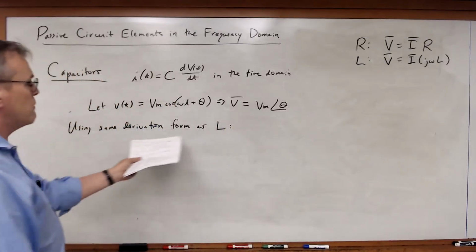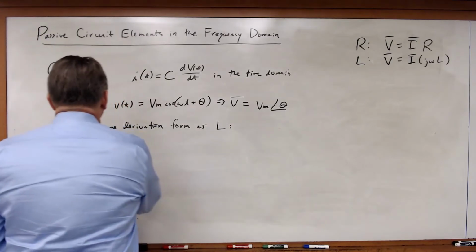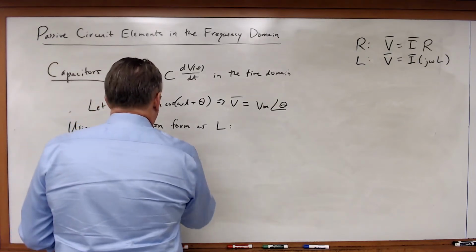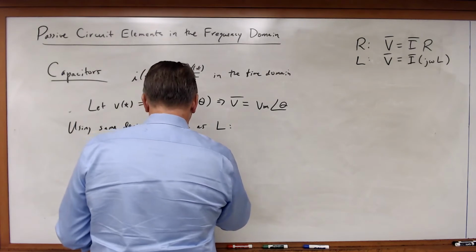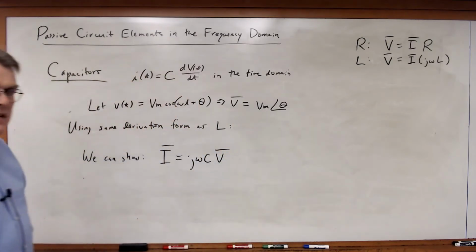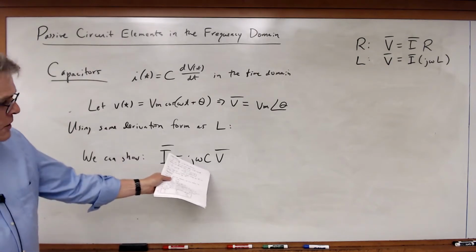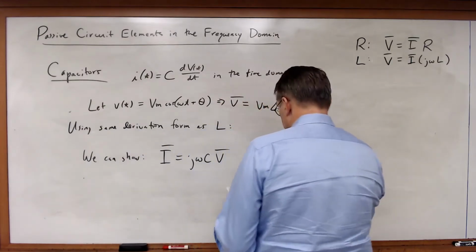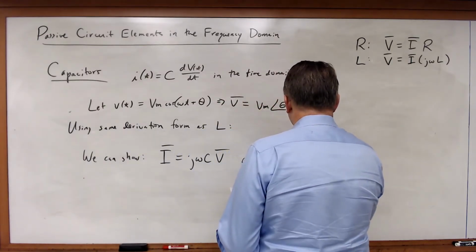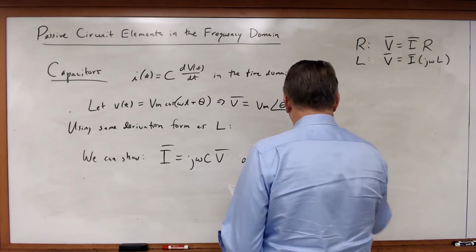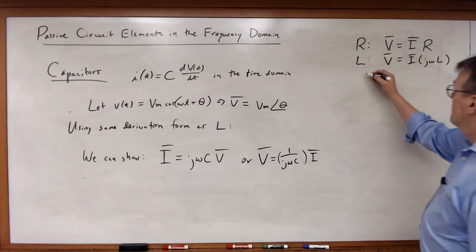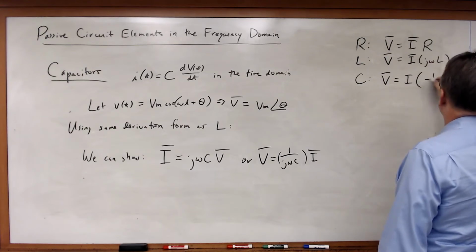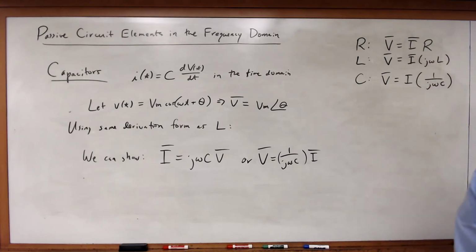Using the same derivation form as we did for the inductor, I is equal to j omega C times V. So the phasor current is equal to j omega C times the phasor voltage, or the phasor voltage is equal to 1 over j omega C times I. And so write this up here: V is equal to I over j omega C.